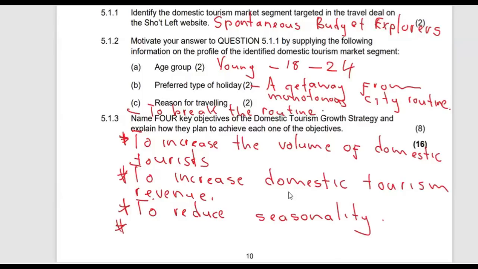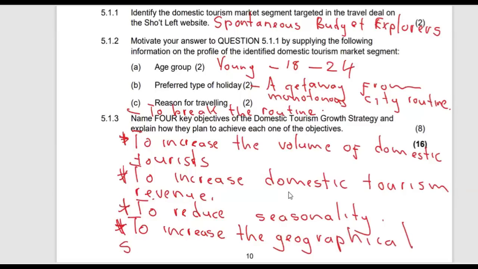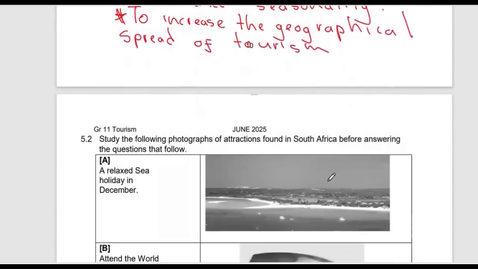In addition to that, you can also say that to increase the geographical spread of tourism, instead of people going to specific towns only, they can go to various destinations. So to increase the geographical spread of tourism, that is another aim of the domestic growth strategy.